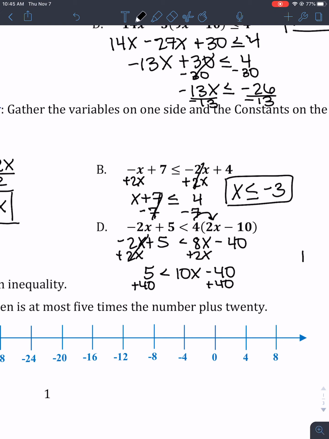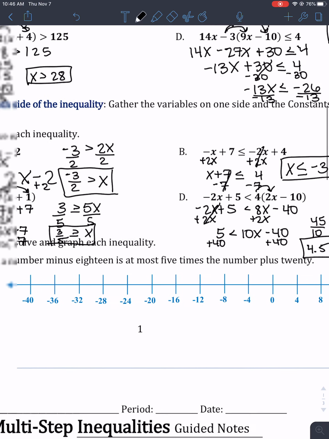So I get 10x, let's write that nicely. 45 is less than 10x, and divide by 10. And then that gives you 4.5, or whatever that is as a fraction. I just know what it is as a decimal off the top of my head.